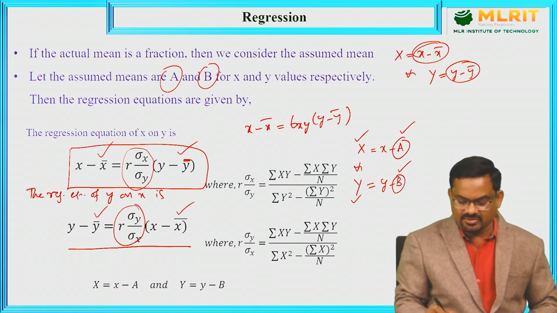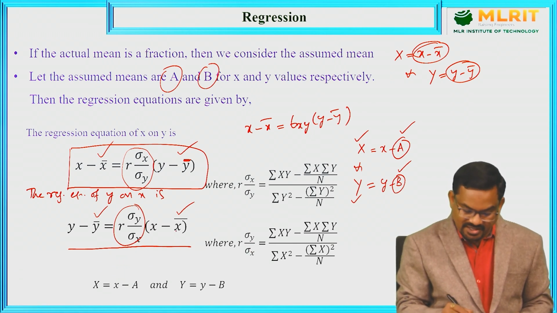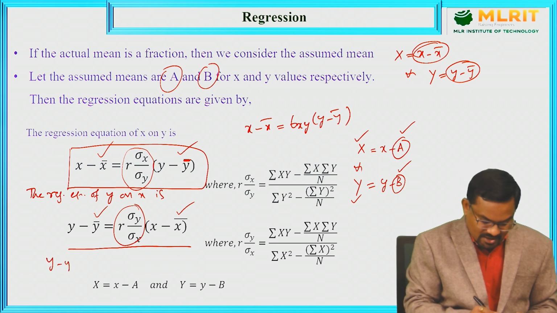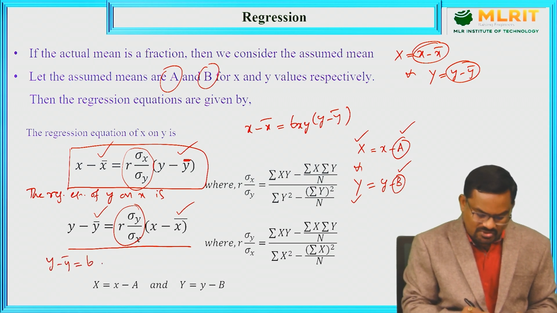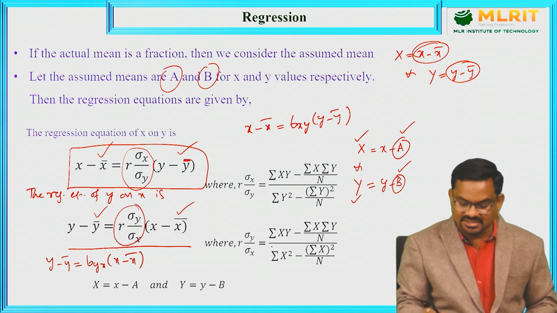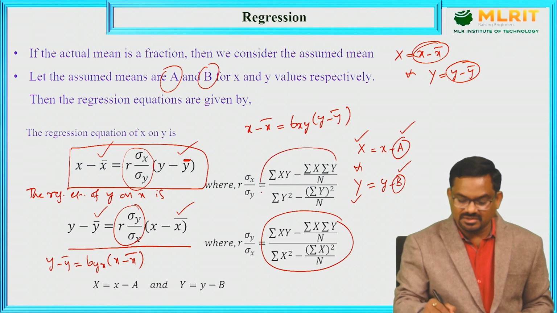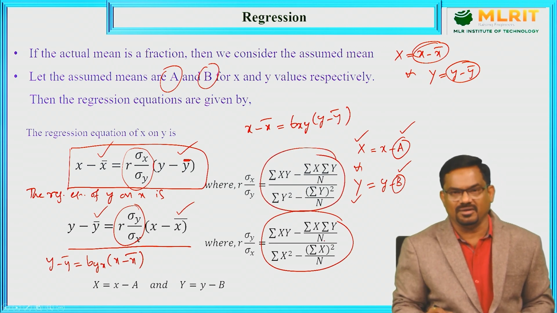Here, r into sigma y by sigma x is the regression coefficient, and this can be written as y minus y bar is equal to byx into x minus x bar, and this byx is given by this formula. If the data is given, we need to calculate these two values.